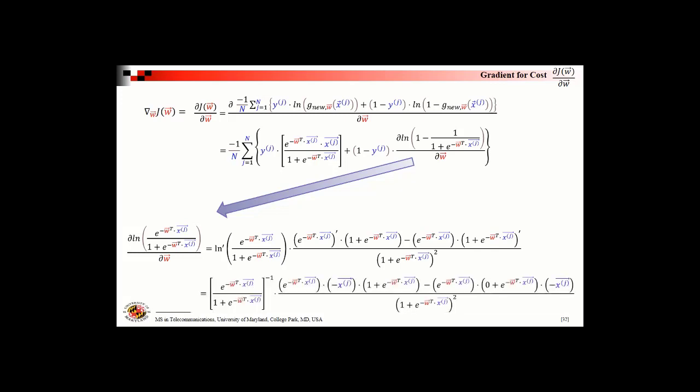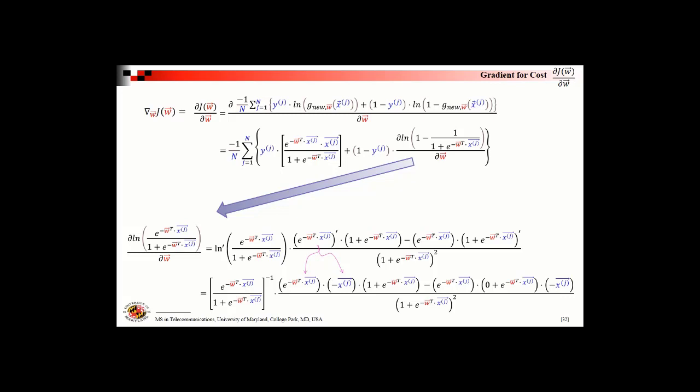Well, we know that the derivative of the log is 1 over its argument. So the argument of the log, we elevate it to the power of minus 1. Next, we take the derivative of the numerator. That means e to the minus w transpose x. E to the whatever's derivative is the same, e to the whatever.